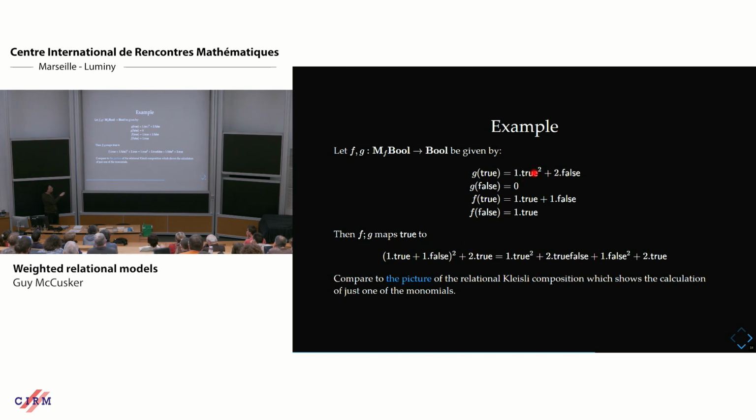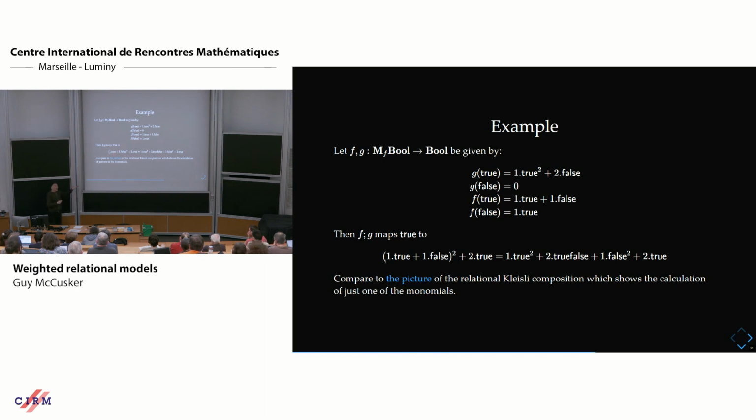So the squared is from this square here, coming down to there, and the true plus false comes from there. And then the two falses here get mapped to two lots of true there. Okay, so you just make the substitution, and then you do the calculation. We've already done the interesting part. We already worked out that true plus false squared is true plus two true falses plus false squared, and so this is the power series that we get.